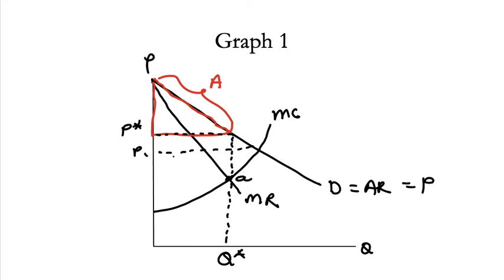In this case, he won't be able to purchase, isn't it? Those who have a reservation price higher than P star are able to purchase it. That's why they earn consumer surplus. But those who are not willing to pay P star cannot get the product.